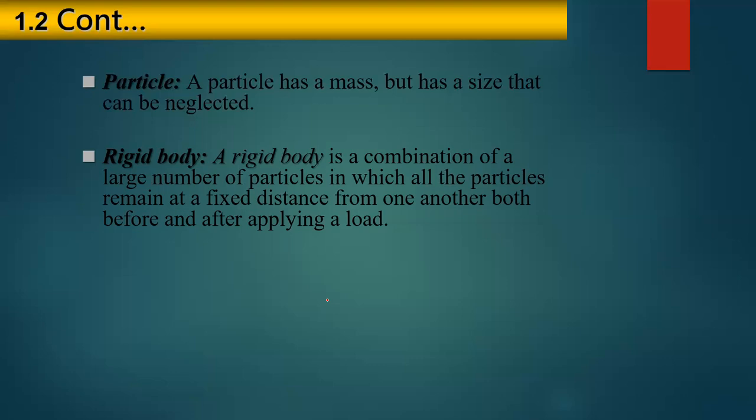So when we talk about a rigid body, let's say if you have this body here, this is a rigid body. So this is just a combination of particles. Remember we said a particle in statics, when you talk about a particle, we're talking about any object that has mass, but its size can be neglected. So imagine particles in this body.